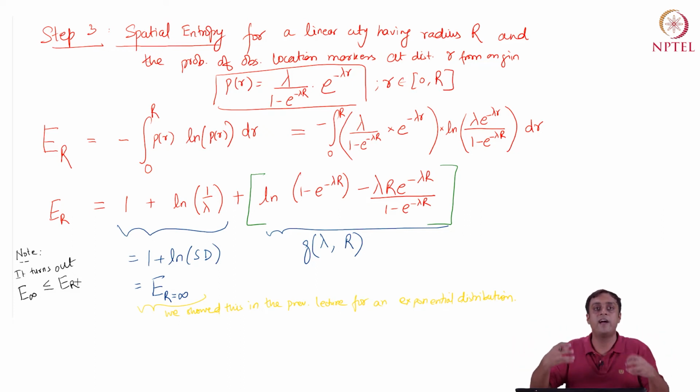So we right away get an interpretation of what to expect for things like population density and real estate prices in a large city versus a small city, given that lambda is held constant. Here lambda you can think of as a control parameter of how frequently you can see a marker. So what's the interpretation in the real world?